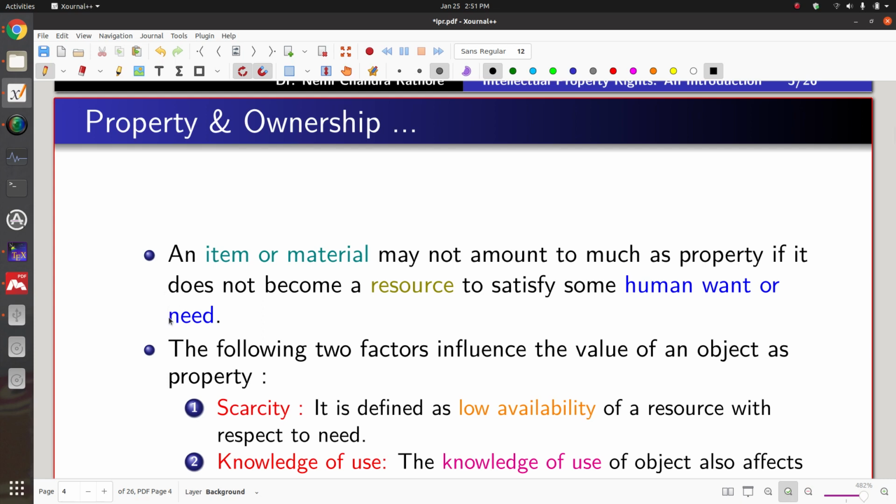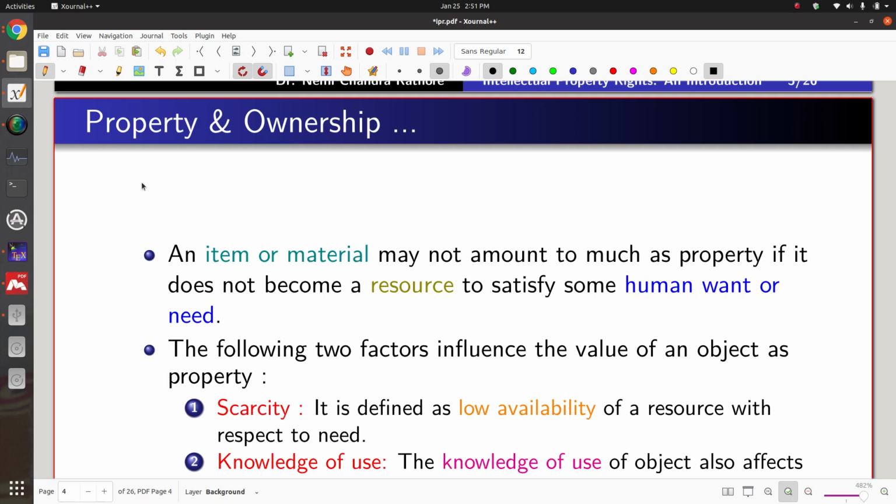Now, as I told you, property is any object that can fulfill certain human needs. Okay, now it is also the case that some properties are given more importance than other properties. One property may have lower value, another property might have higher value.